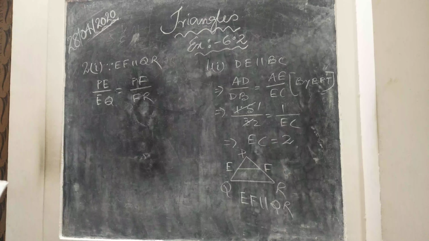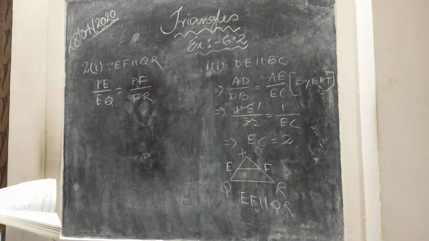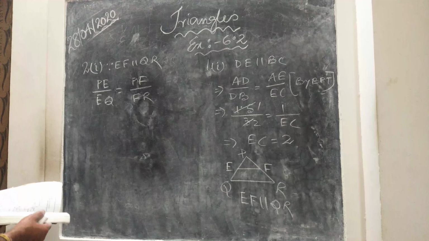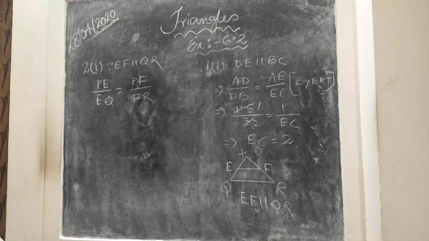Yes or not? Then what is there? PE is there, EQ is there, PF is there, and FR is also there. That means you have to check whether they are equal or not. If they are equal, then only it will be proportional. That means parallel, otherwise not.